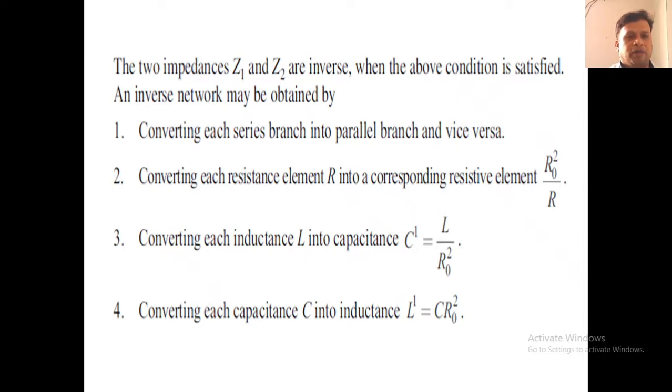This is the fourth point. So, an inverse network may be obtained by these four conditions. Like we can convert series branch to parallel and parallel to series, each resistance R into R0 square by R, each inductance L into capacitance, that is L by R0 square, and each capacitance C into inductance, that is L dash is equal to C R0 square.